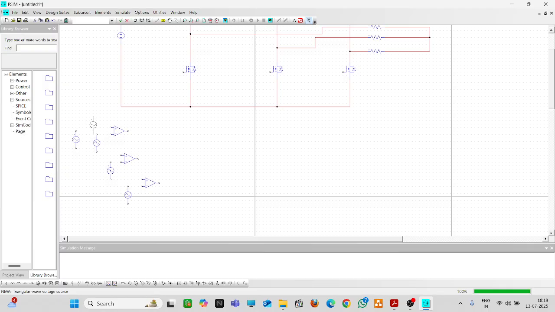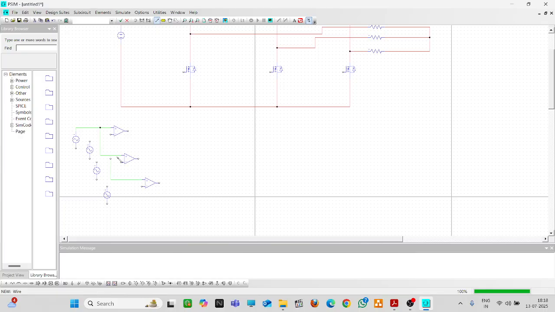Now what about the triangular waveform? Yeah, the triangular waveform has been taken. So first we'll make the connection. This triangle is common to all. For having the healthy connection, okay, this is okay.